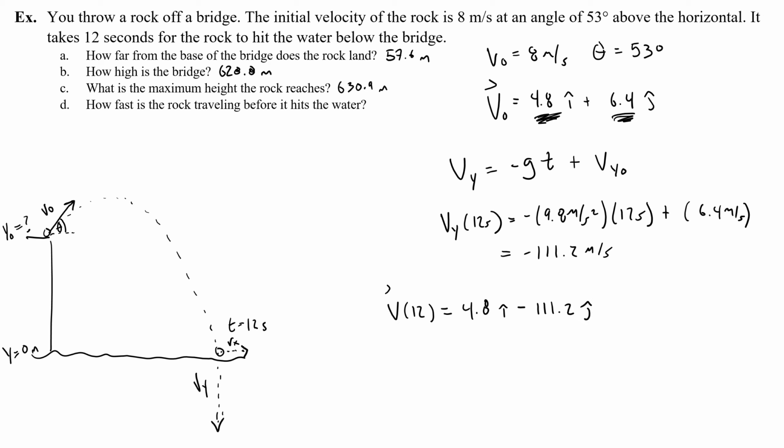Now, to find the magnitude, which would be the diagonal of this little parallelogram, I would do the square root of 4.8 meters a second, the whole thing squared, plus negative 111.2 meters per second, the whole thing squared, and that is going to give me a big number that's very close to 111, probably. Yes.